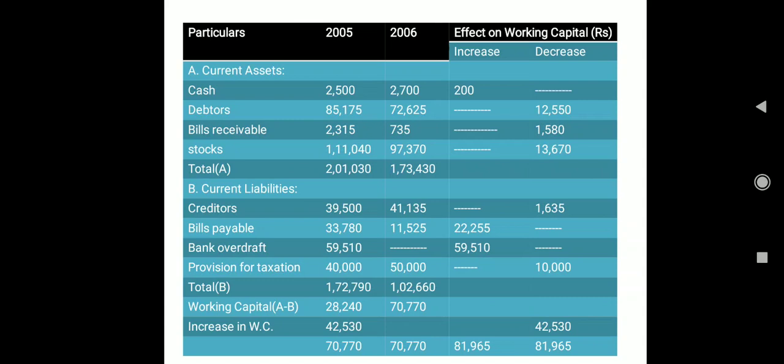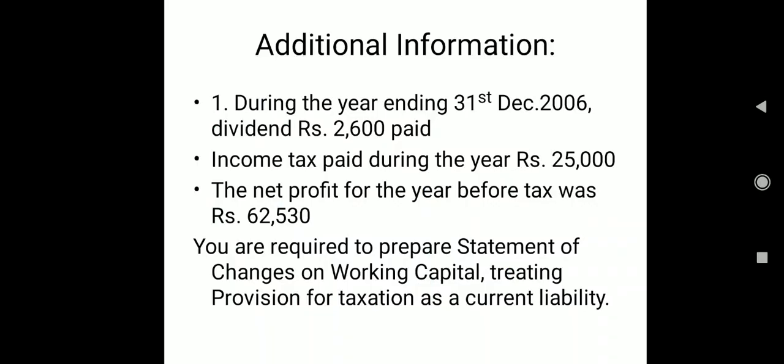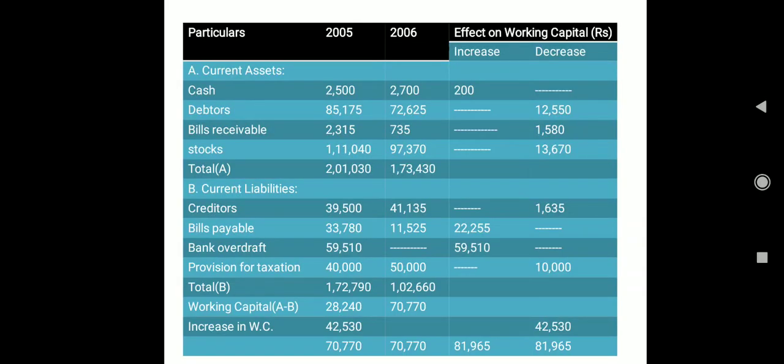So 22,255 in the increase column. And then we have a bank overdraft. In 2005 we have a bank overdraft of rupees 59,510, and in 2006 there's nothing. So the same amount goes in the increase column, 59,510. And then we have a provision for tax, 10,000 increase.